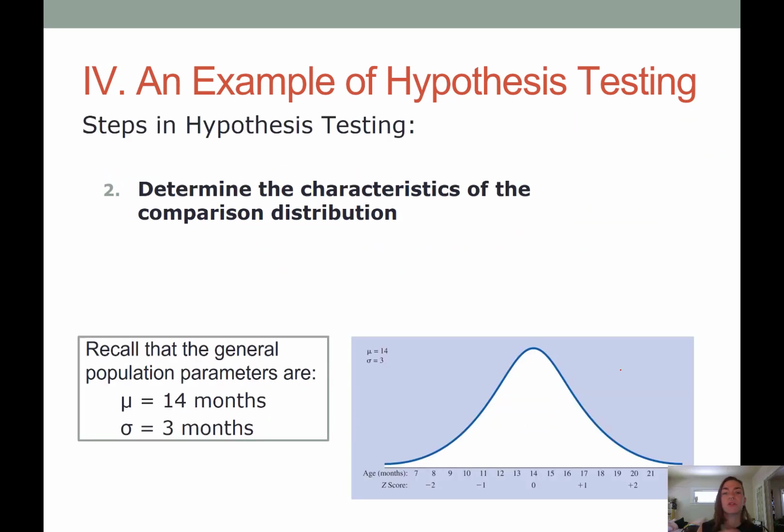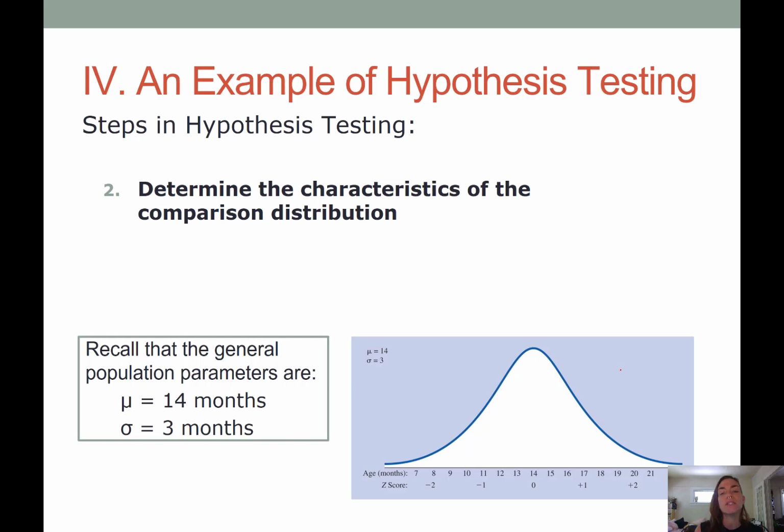Let's move on to step 2 of hypothesis testing. In step 2, we determine the characteristics of our comparison distribution. Okay. You'll hear that term a lot, the comparison distribution for this test. Recall that for the general population, that's the population we want to compare our babies to, right? To babies in general.